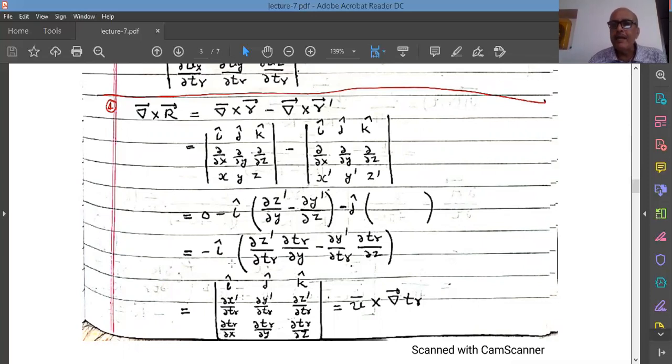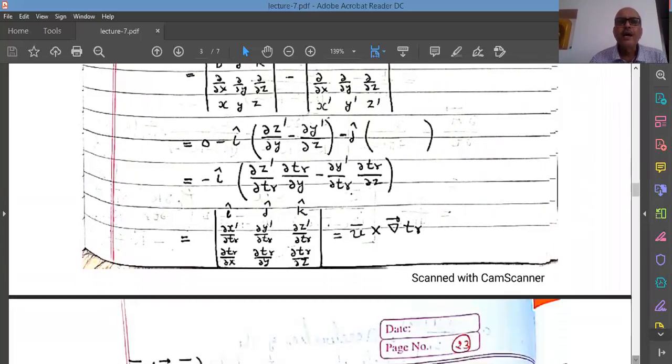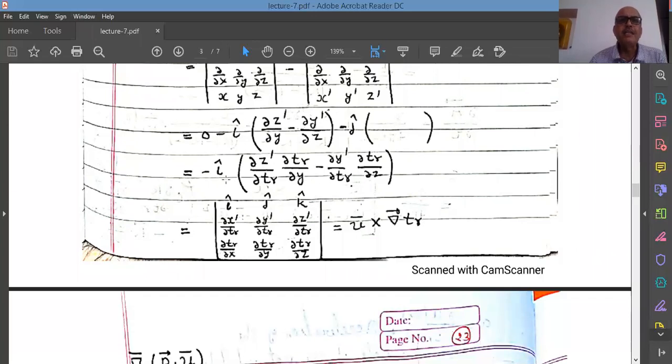So this is now minus i cap into del z dash over del tr and del tr over del y. Again, we have done a similar thing while calculating term number 2. And if you follow the same procedure, then we can write this as v cross gradient of tr. You can verify all these things at your end to have full comfort.